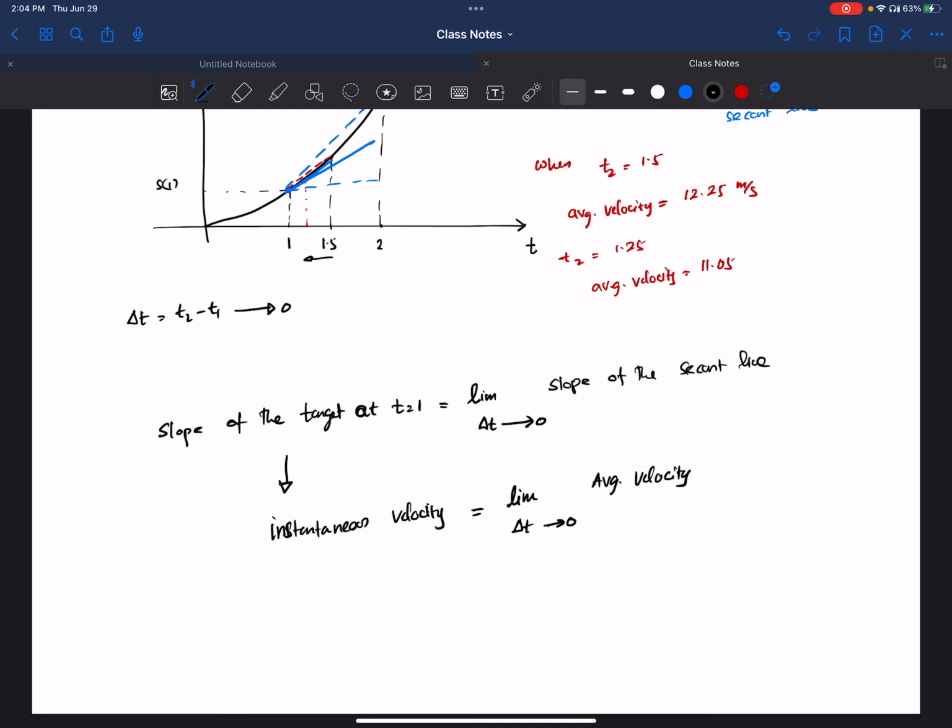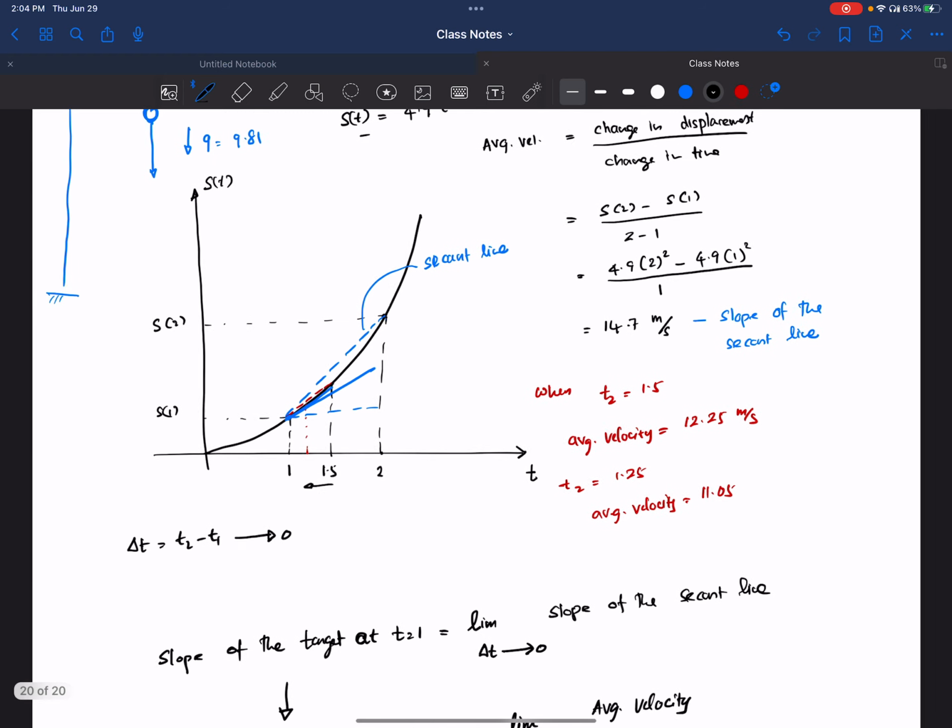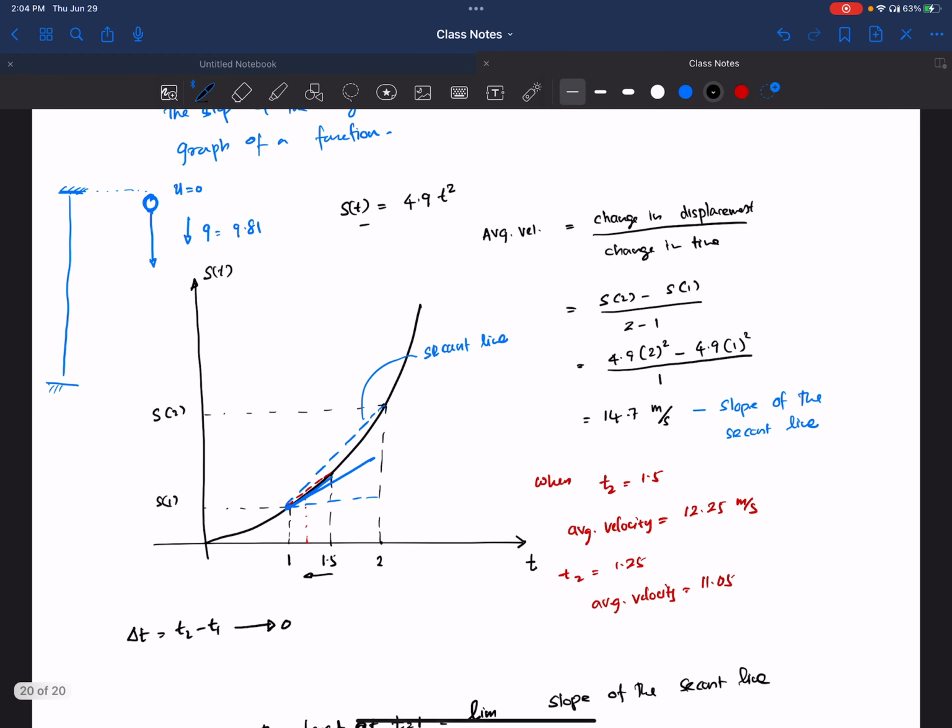So in this case, we change the slope of the secant line, and it ultimately becomes the slope of the tangent line. You can take any other example, like velocity, concentration or any other parameter for this function, and get the same kind of idea.